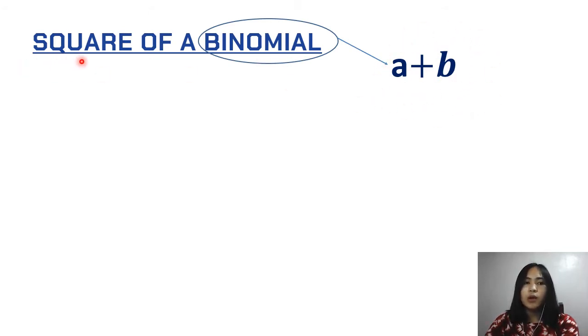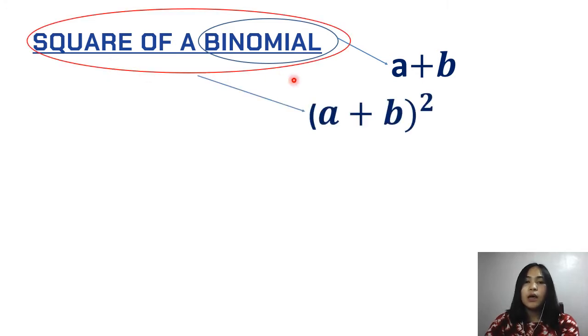Now if we have a square of binomial, we're just going to add an exponent of 2 because square is 2. So a plus b raised to the power of 2, or quantity of a plus b squared. Now how are we going to expand this square of binomial?